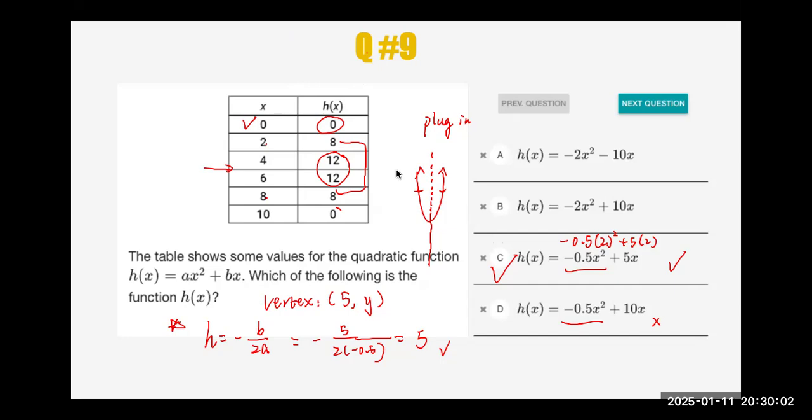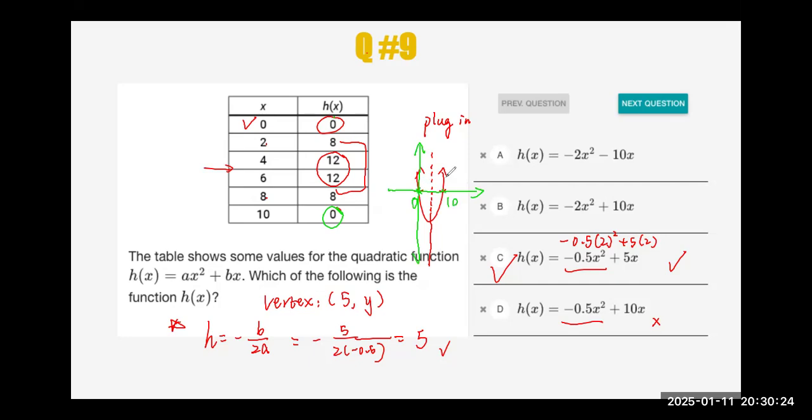What I did is I noticed that when these two y's are 0, by definition, when your y is 0, what is about that? So if you draw a parabola, you have (0, 0) and (10, 0) here.